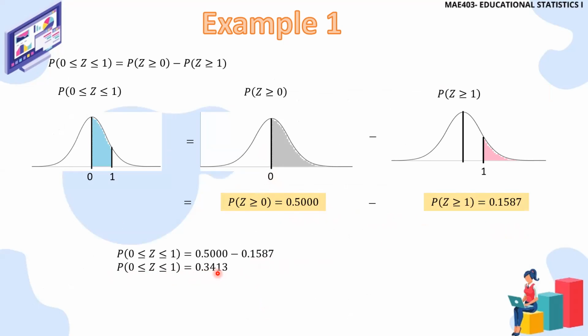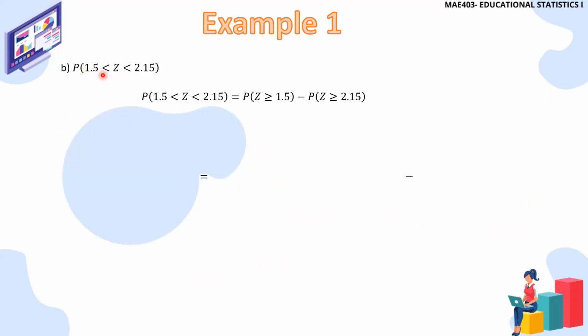Let's look into the next example. Probability of z between 1.5 and 2.15. Since this is a continuous variable, it doesn't matter whether it is greater or equal or strictly greater, because the table only gives values for greater or equal.